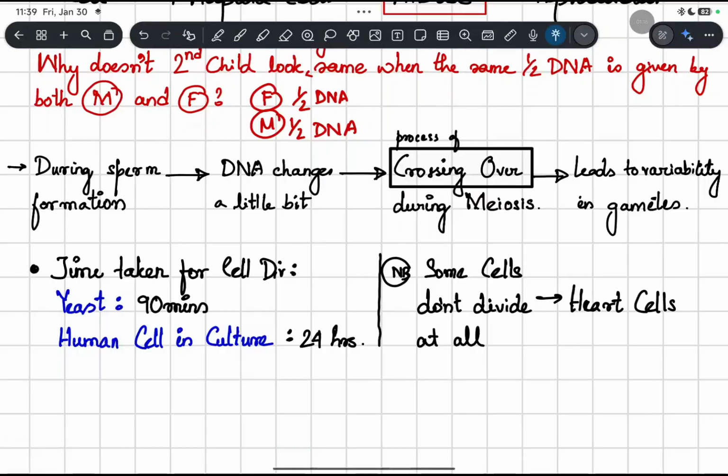The DNA changes just a little bit, and this entire process of change in DNA is known as crossover. So the first offspring and the second offspring don't look exactly the same, but they are very similar, because the DNA change happening due to that crossover is very, very small, right? So yeah.